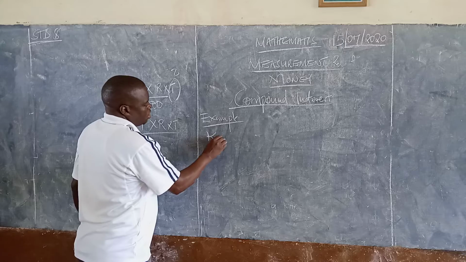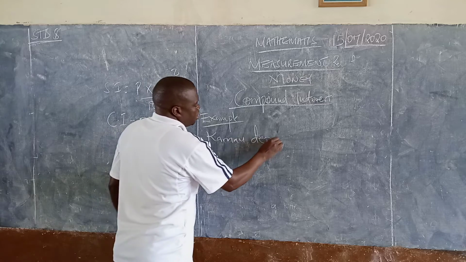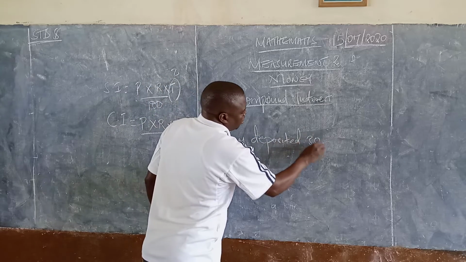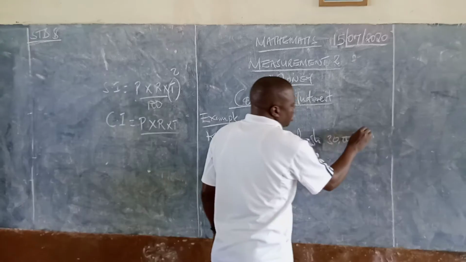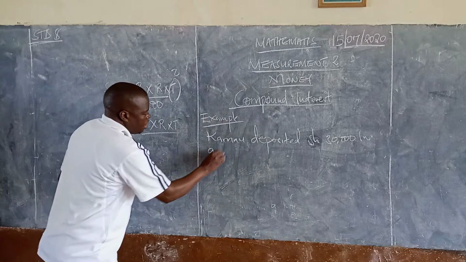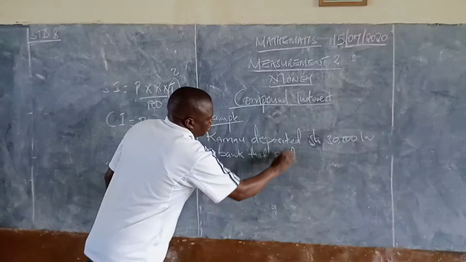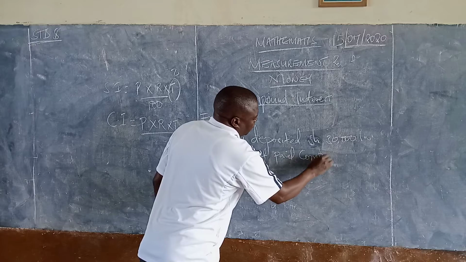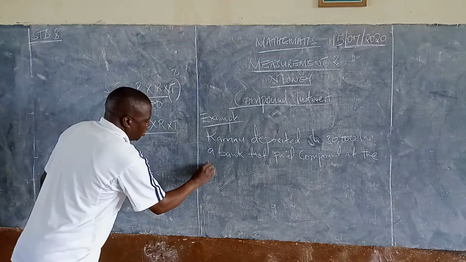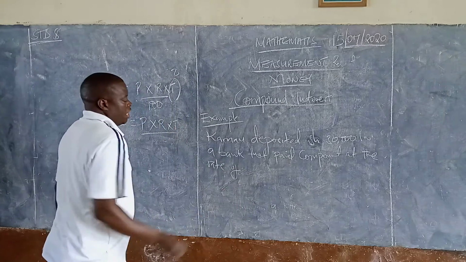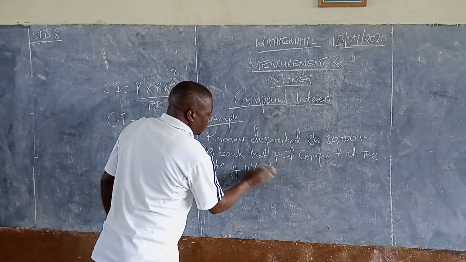Let's say Kamau deposited 30,000 shillings in a bank that paid compound interest at the rate of 10%.